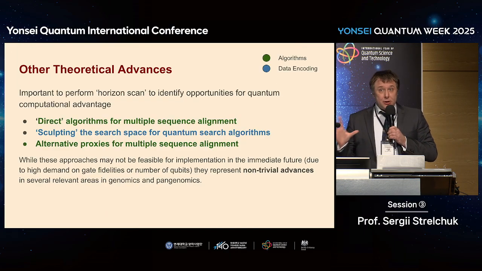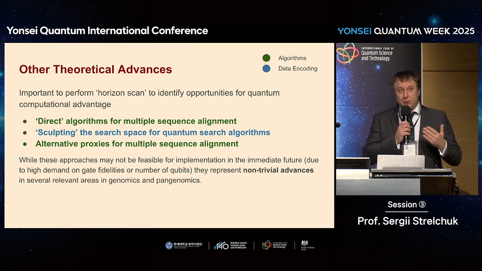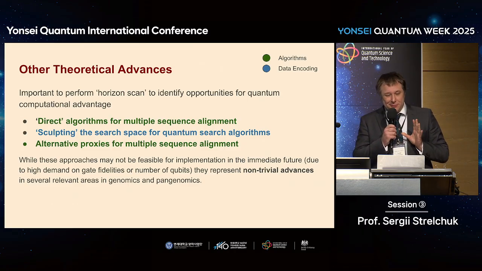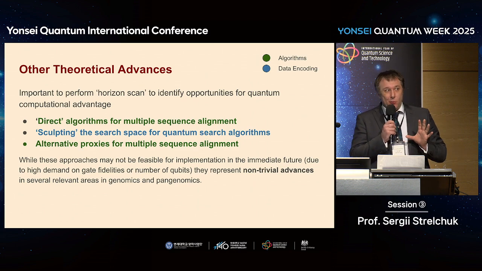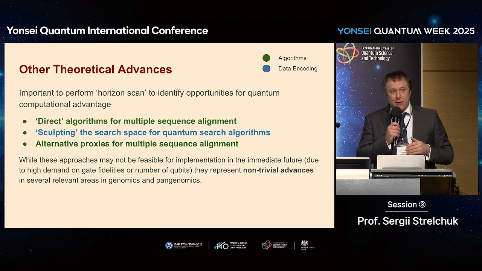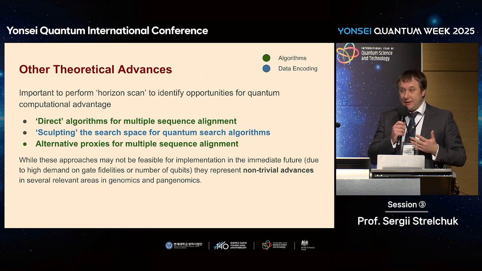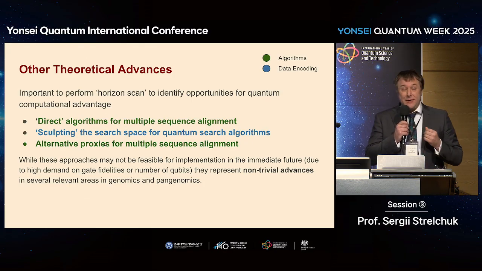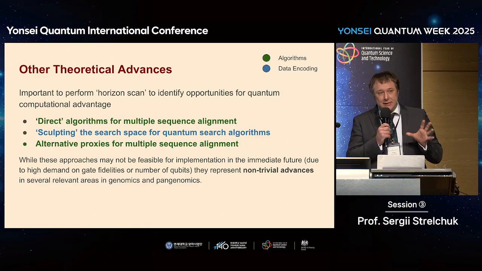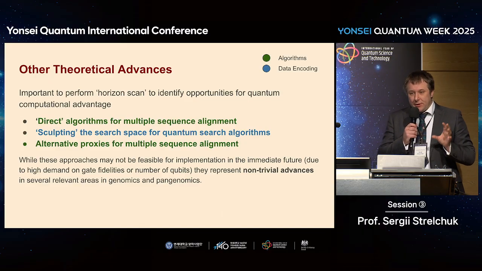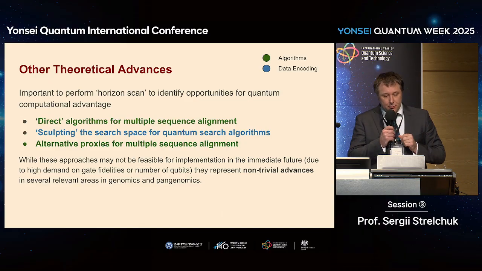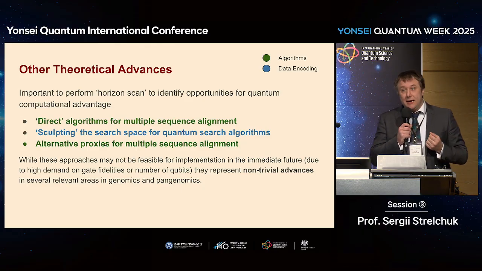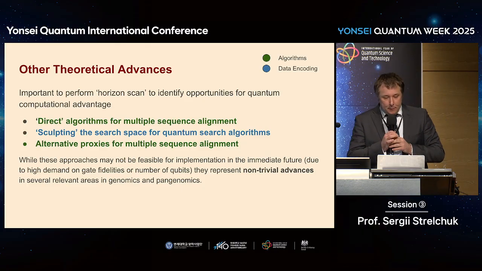As part of our journey, we also looked at some theoretical advances. It's very important to be honest and to look at when quantum algorithms can work and where they are unlikely to provide an advantage. And having this kind of horizon scan was immensely valuable because it allowed us to identify the general directions where we see real prospects of quantum computing, both on the practical side as well as on the more theoretical side.